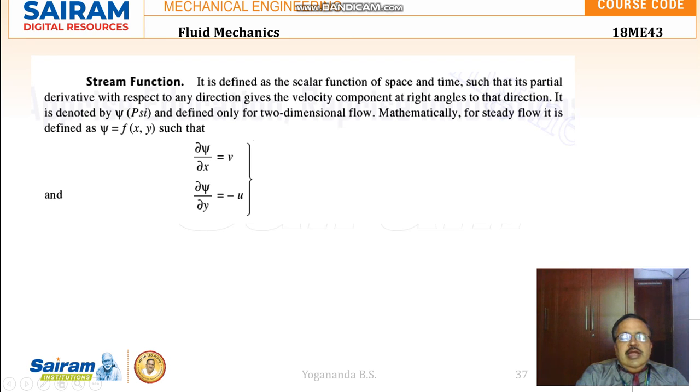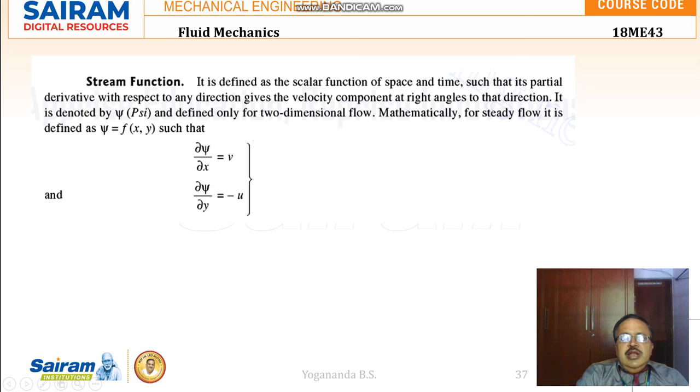So if you take the partial derivative of psi with respect to x, it gives the velocity component at right angles to x. Taking the x direction, the right angle to x is the y direction, so the velocity component in the y direction is v.